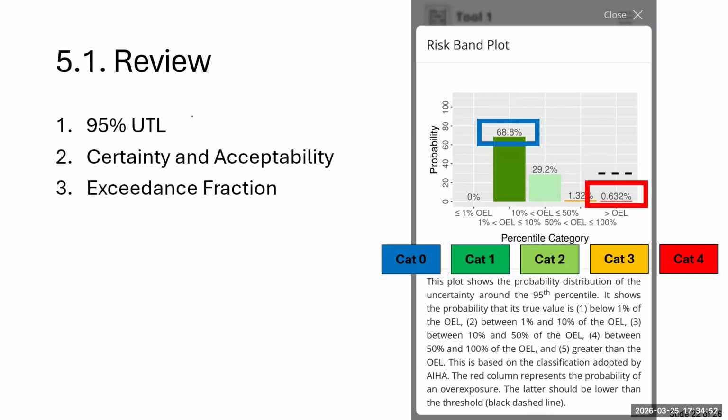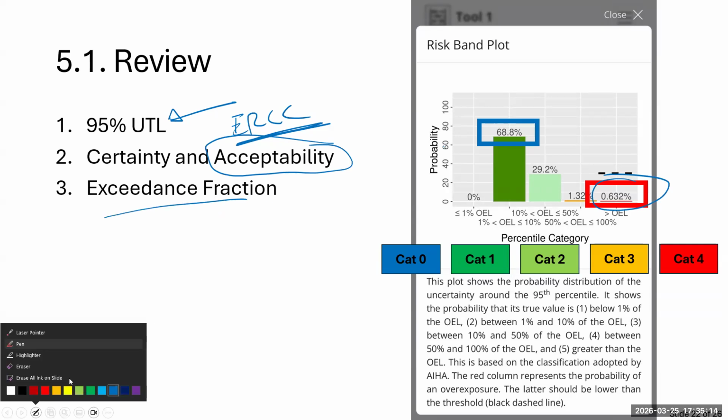So we talked about the 95% UTL, and really that's the exposure rating and control category. Which category does that fall in? We talked about the acceptability of our result based on category 4. And then we talked about the exceedance fraction.